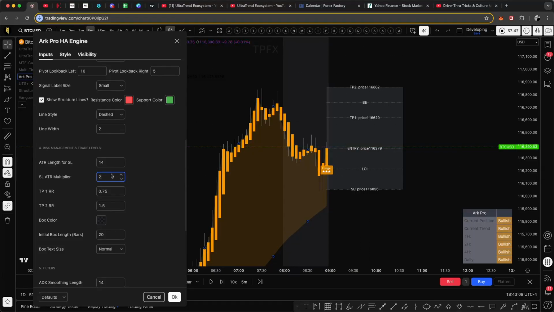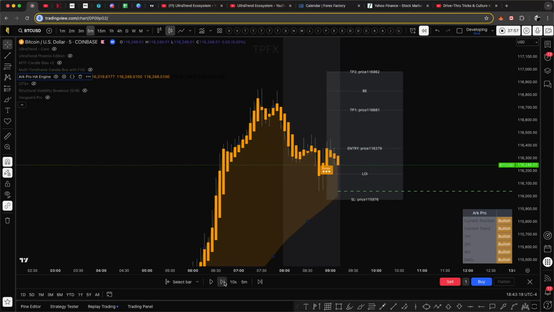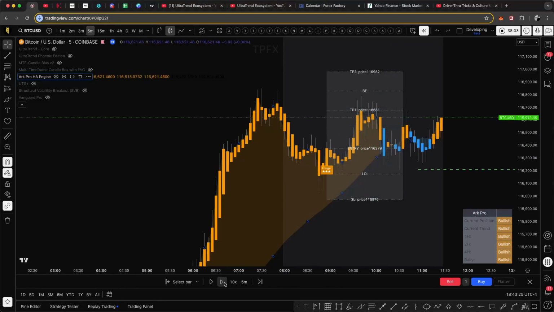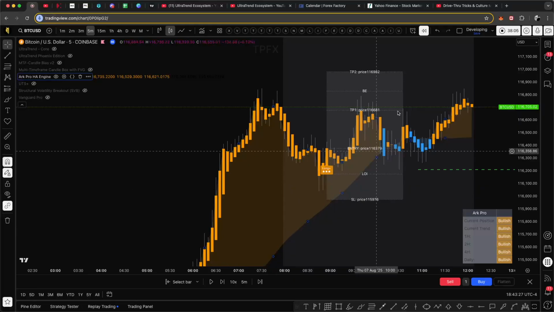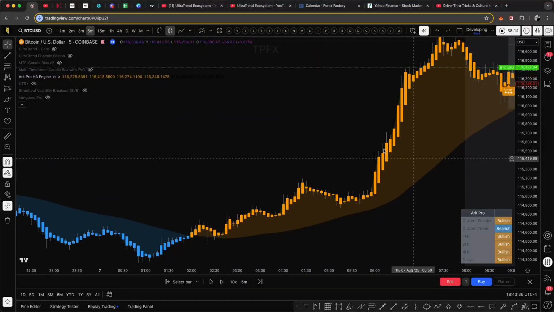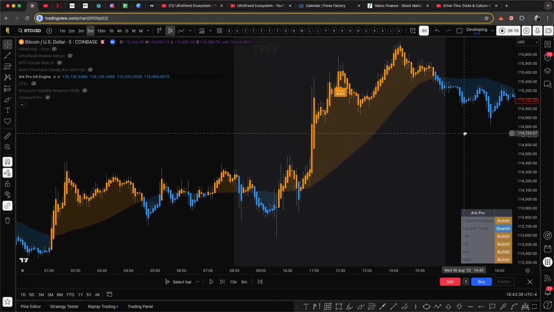Maybe 2.5 to give it a little bit, the stop loss just below the swing. Price hits TP1 and then retraces and hits the break even point. So that means we are at break even. Price came back to our break even. So that's what it is.